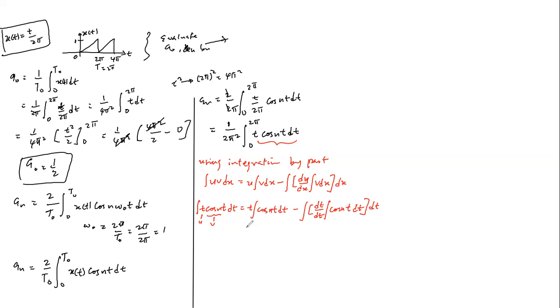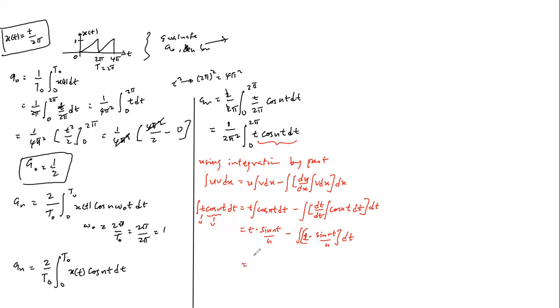So in this case, this will be equal to t times cos nt integrated, which gives us sine nt over n, minus the integral of dt divided by dt, which is 1, then the integral of cos nt, which gives us sine nt over n, dt.